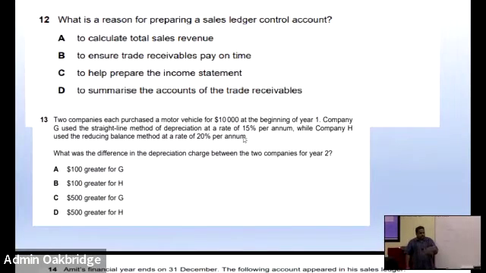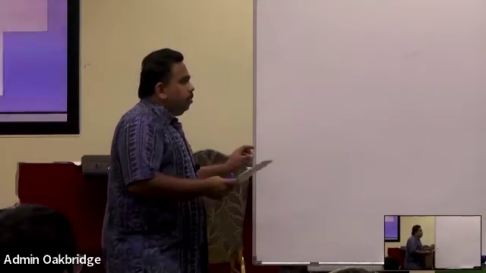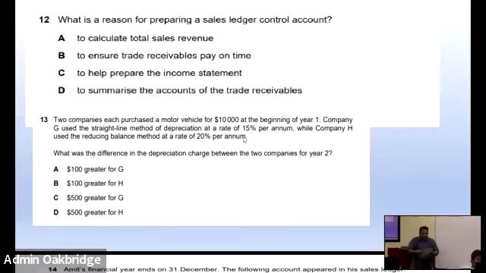Okay, is this the question you all were talking about? Two companies each purchased their motor vehicle for 10,000, correct?